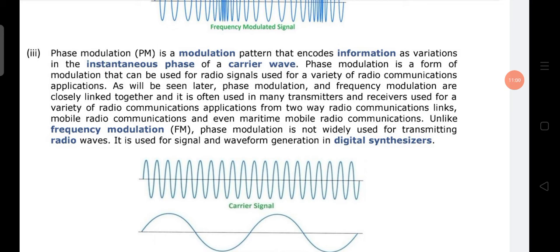As will be seen later, phase modulation and frequency modulation are closely related, and are used in many transmitters and receivers for mobile radio communication. Unlike frequency modulation, phase modulation is not widely used.